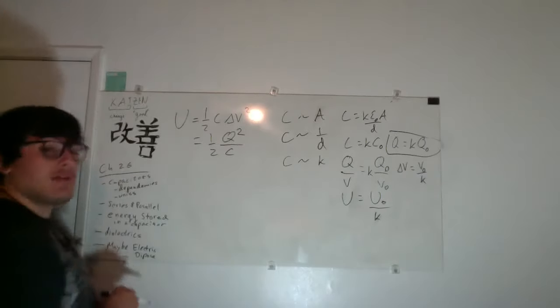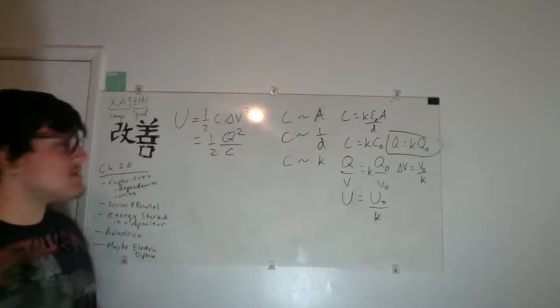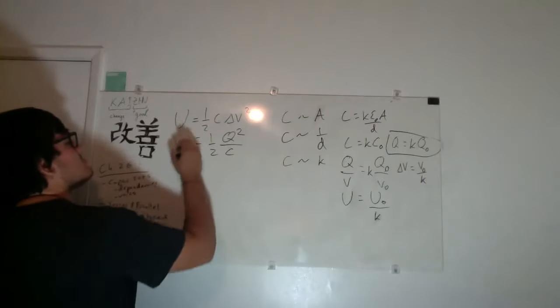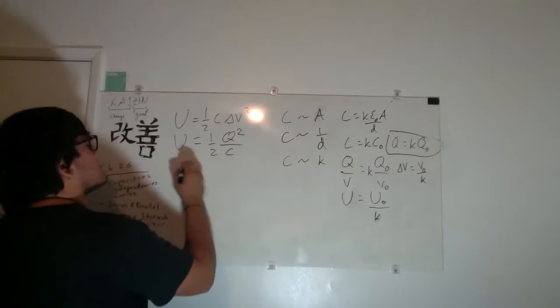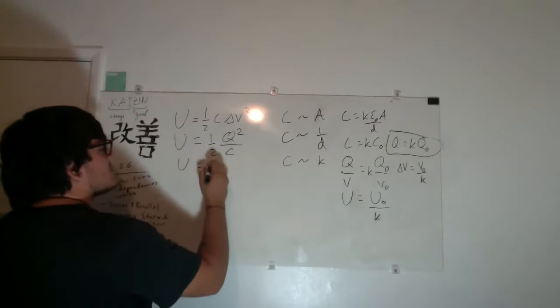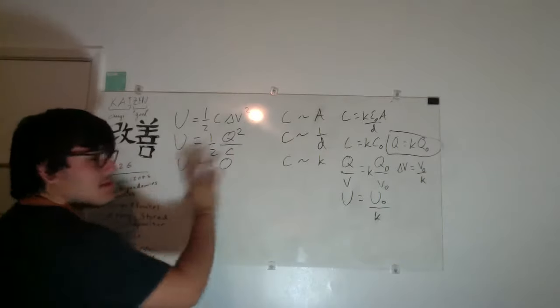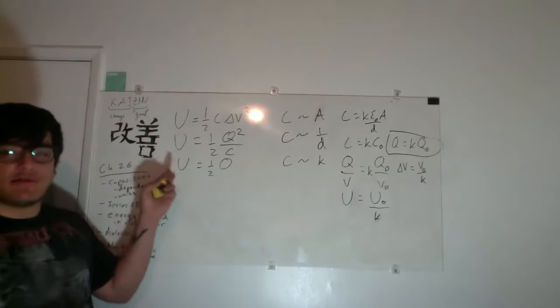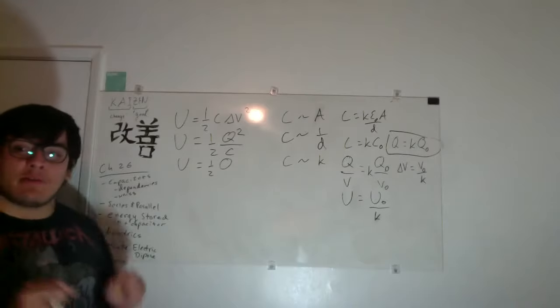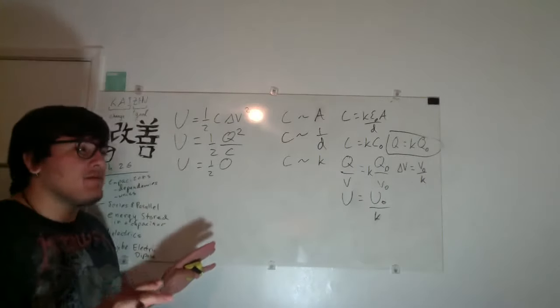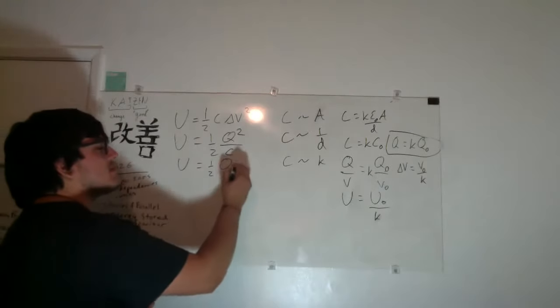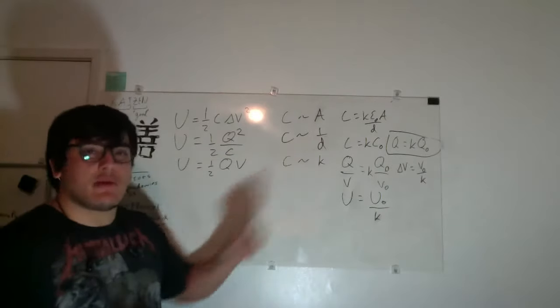This is interesting. Oh, there's 4 people. Wow, that's cool. So I have to replace both. That's the key here. These are the basic equations for energy in a capacitor, but you have to replace both of these with what you know about dielectrics.